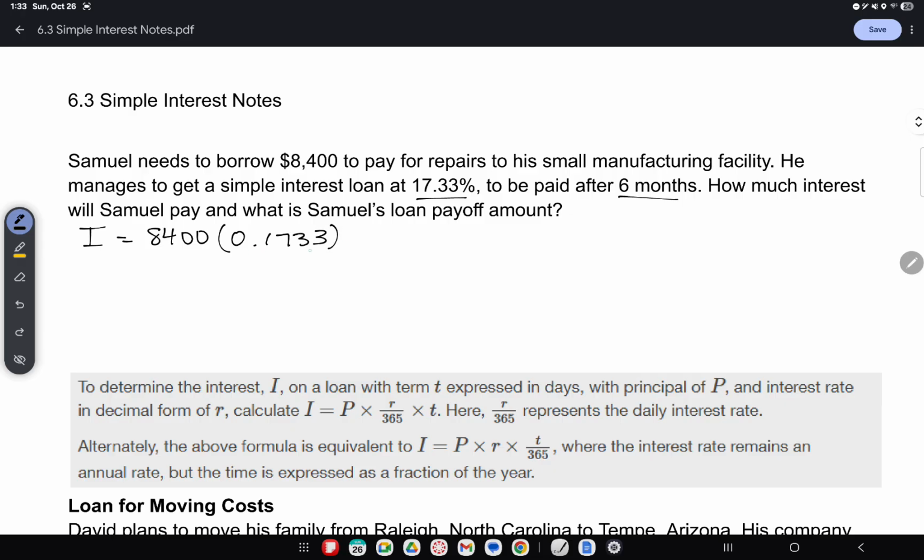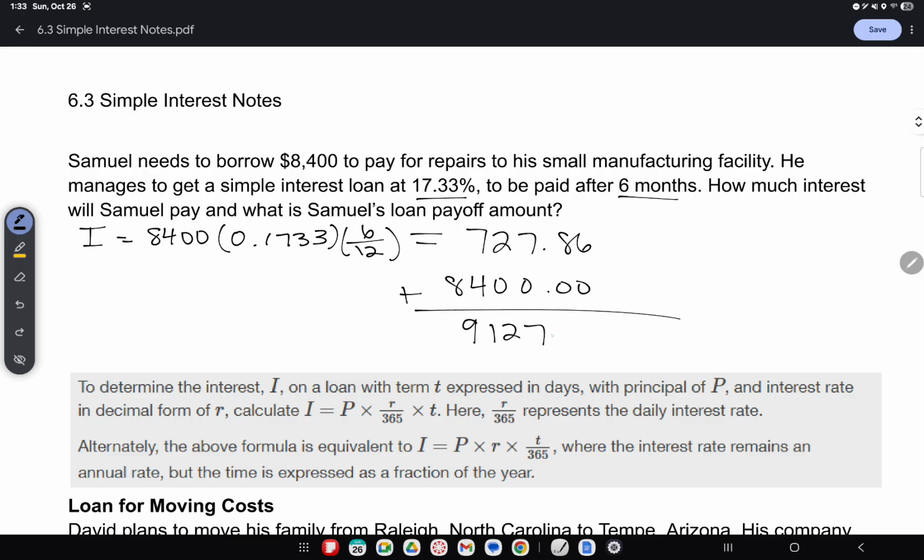So I can either divide the 12 here or I can divide it here. Doesn't matter. So either way, if I multiply all of those, I get an interest of $727.86. And then we'll add on the original $8,400 for a total of $9,127.86.